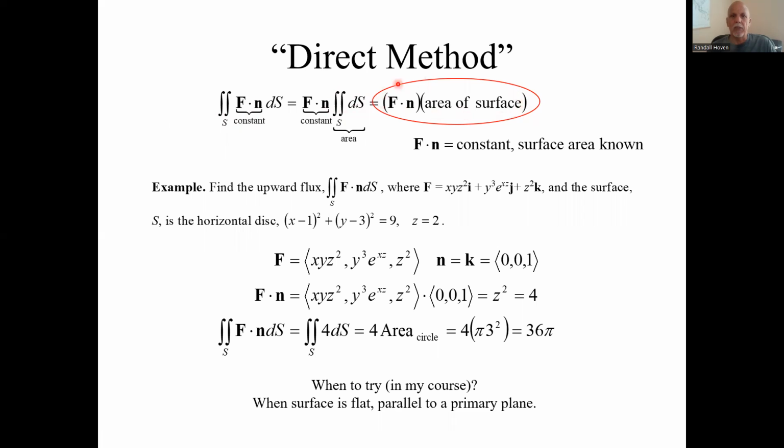So the direct method says use the definition directly, and you don't really have to take any integrals. The trick to this method is knowing whether it applies or not, and whether you do know the area of the surface. If you don't know the area of the surface, you still got to take this integral. How do you know f dot n is a constant?